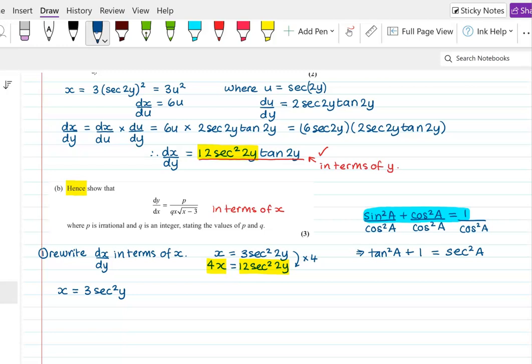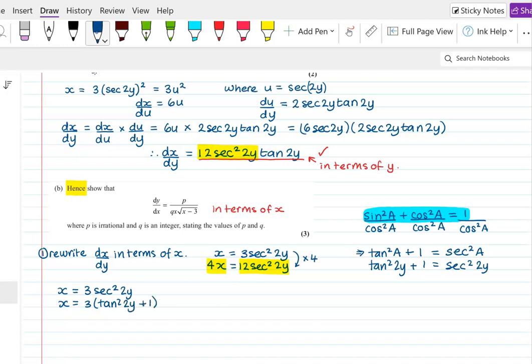Okay, so if I know that, then I know that sec squared, oh, I've just realised x was equal to 3 sec squared 2y. I got that wrong. Okay, so if I have sec squared 2y, I know that's going to be equal to tan squared 2y plus 1. So if I go back over here, I'm going to rewrite x as 3 lots of tan squared 2y plus 1.